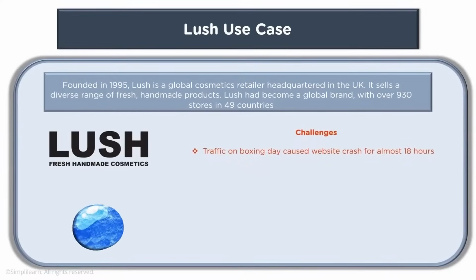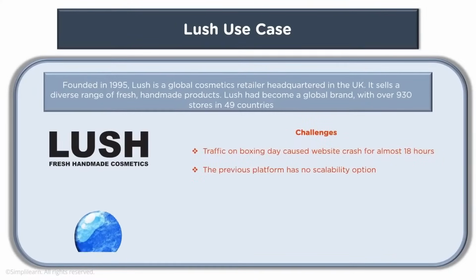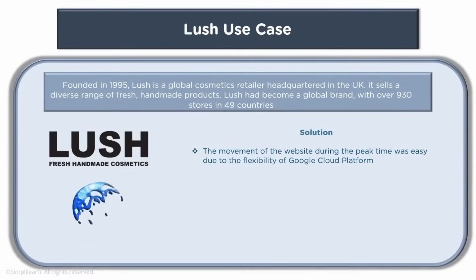The challenge faced here was that traffic on Boxing Day caused a website crash for almost 18 hours, which had a devastating effect on their business. The previous platform had no scalability option. What was the solution? The movement of the website during the peak time was easy due to the flexibility of the GCP platform.